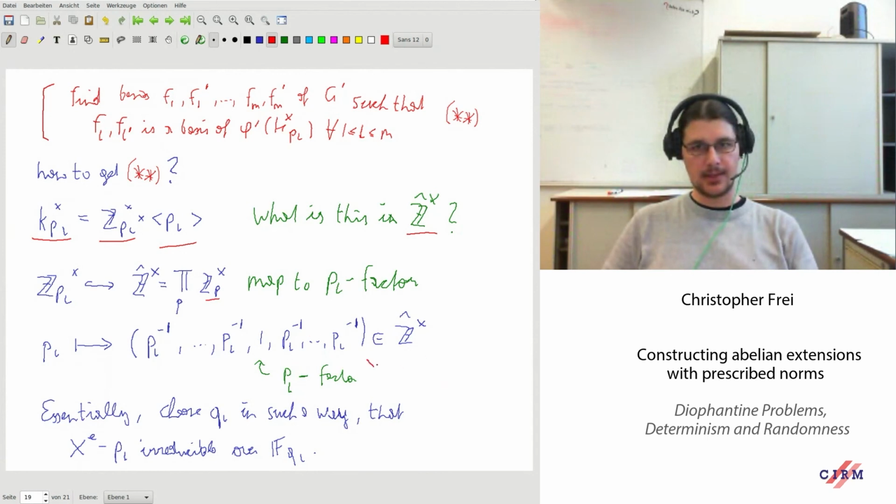So this is the same element as 1 and so on, up to PL 1 and so on, 1 in the ideal class group of Q. Okay, but this representation actually gives me this element as an element of set hat star. Okay, so that's what I'm mapping this to.